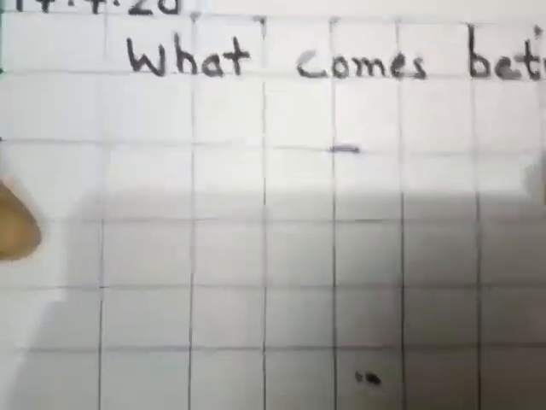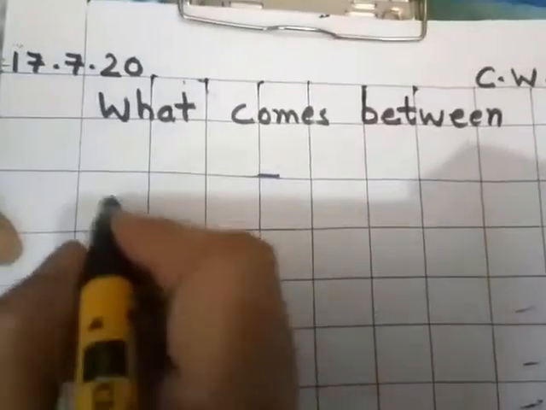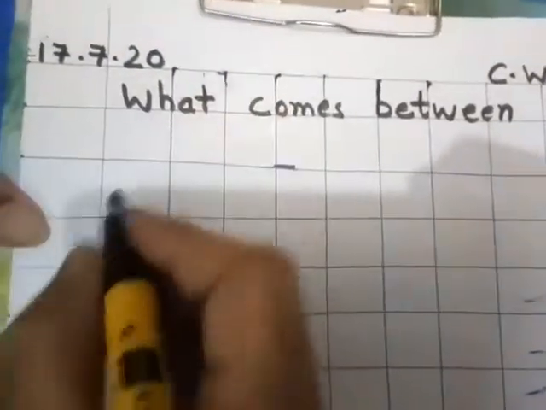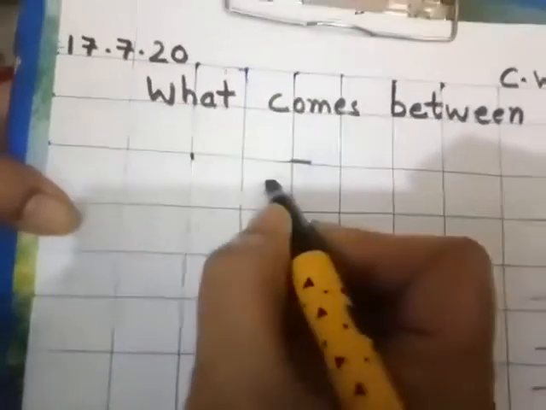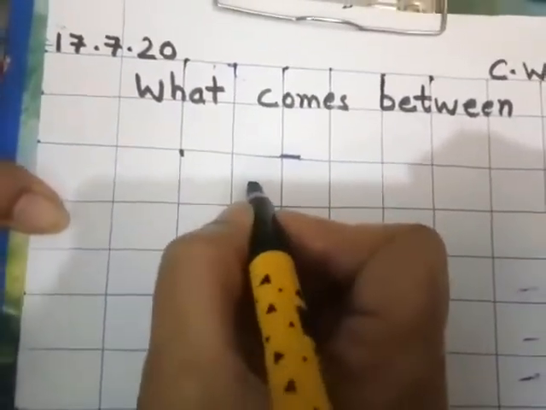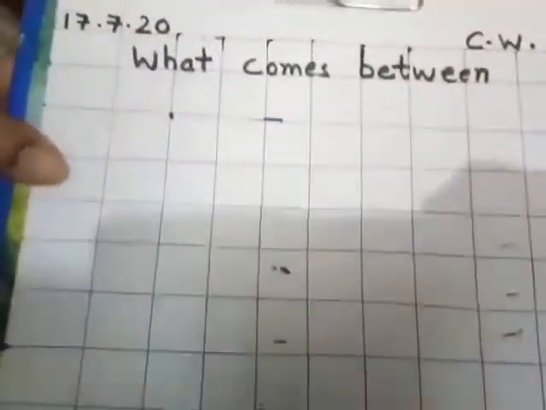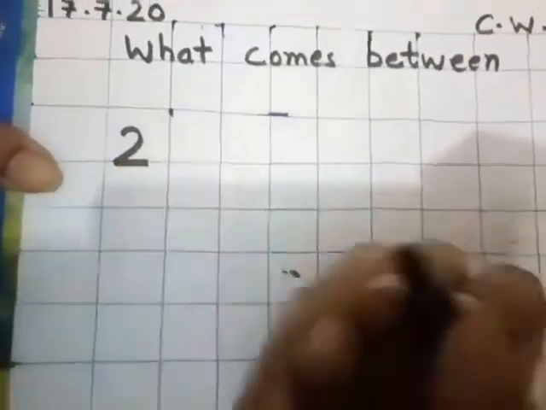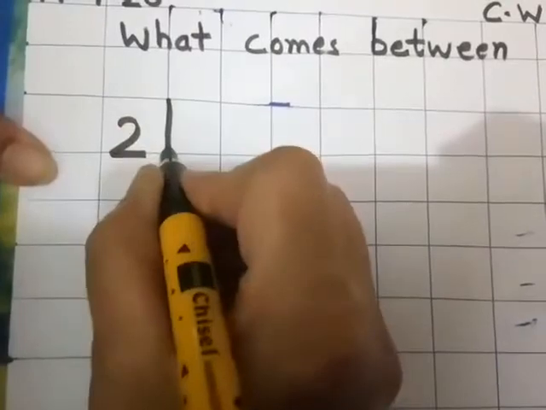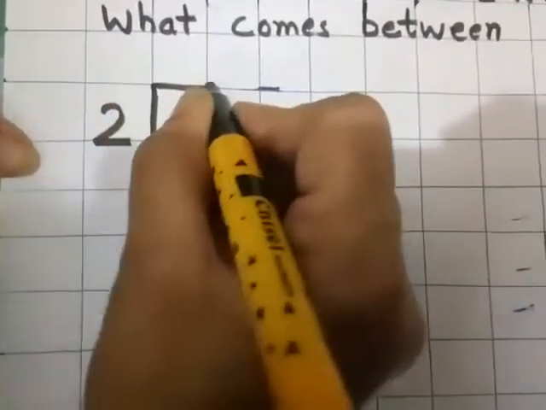Have you written? Okay. We will write the word here and then we will make one box. And then we will write the numbers again. First we will write 2. We will draw one box.